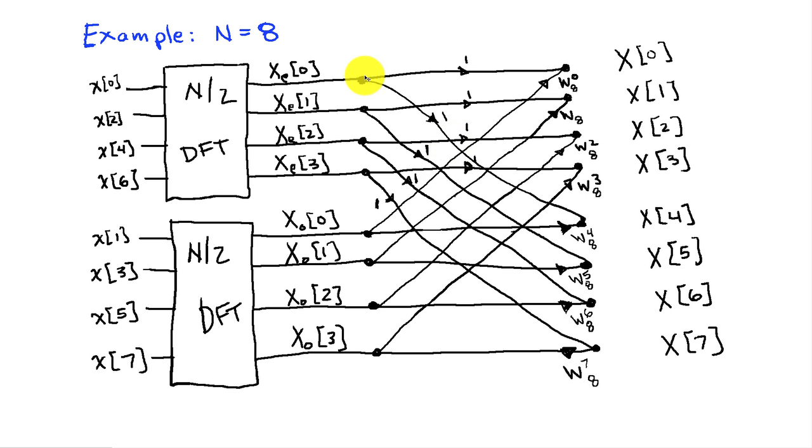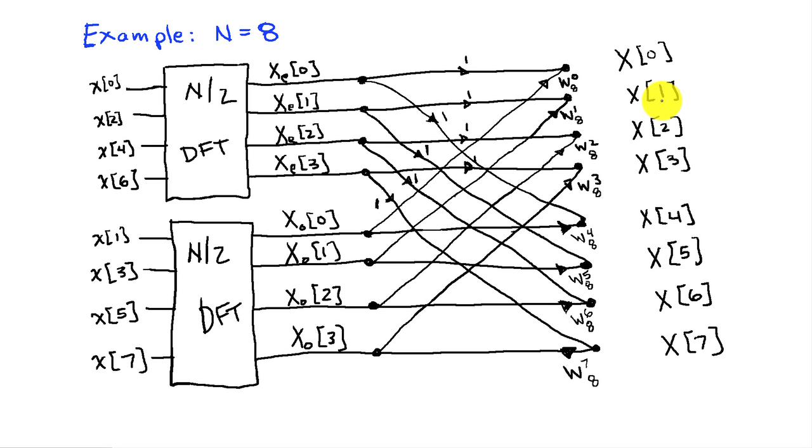So you can see from this block diagram that we're going to take 1 times Xe of 0, and then we're going to add to that W8 raised to the 0 power times Xo of 0, and that'll give us X of 0. And similarly, we're going to take 1 times Xe of 1, and we'll add to that W8 to the first power times Xo of 1, and that'll give us X of 1.